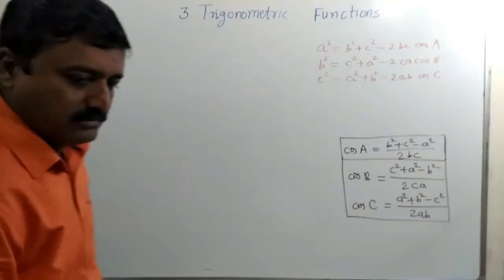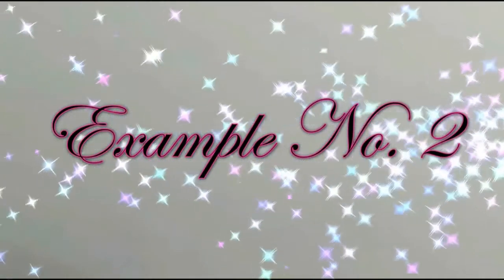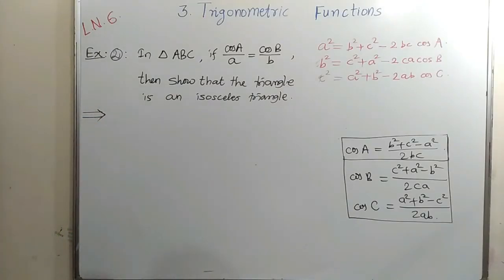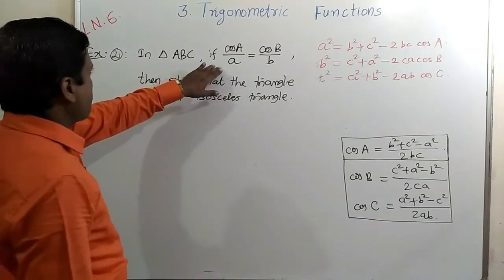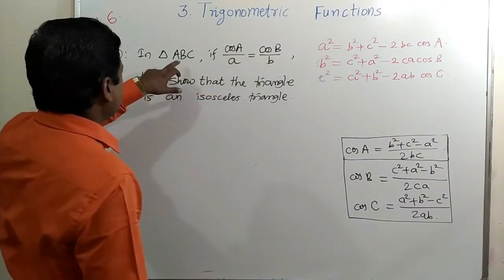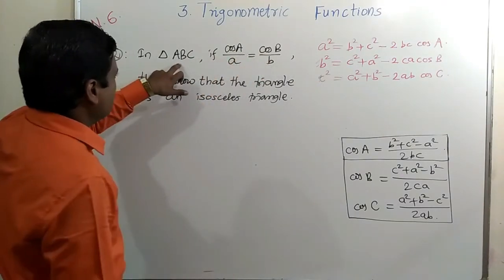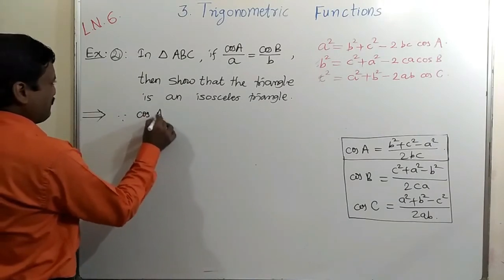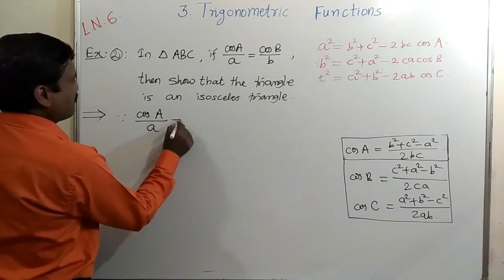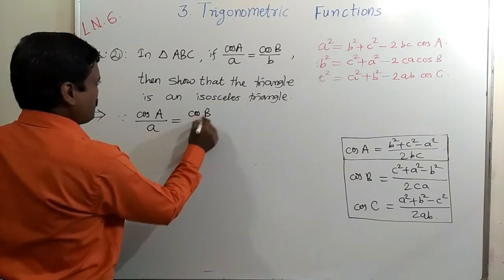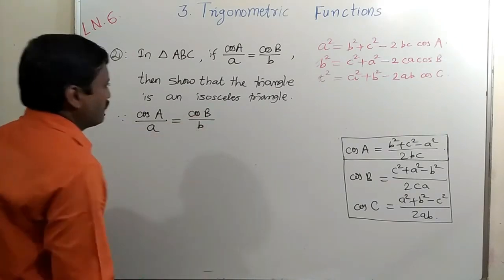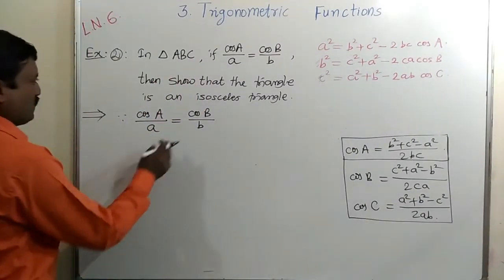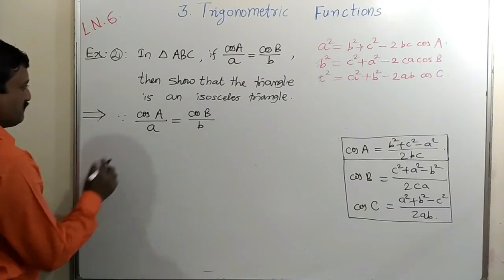Let us see example number 2. Let us try to prove this. Here the given part is this, where A, B, C are the angles of triangle ABC. Since given cos A upon A is equal to cos B upon B, we can use the cosine rule directly, or we can take the cross multiplication here.